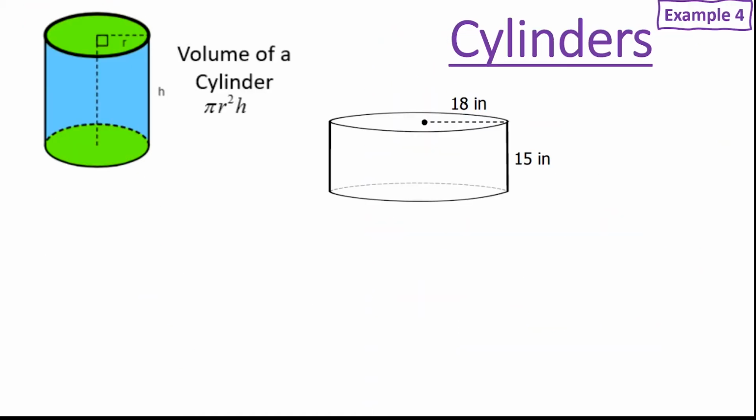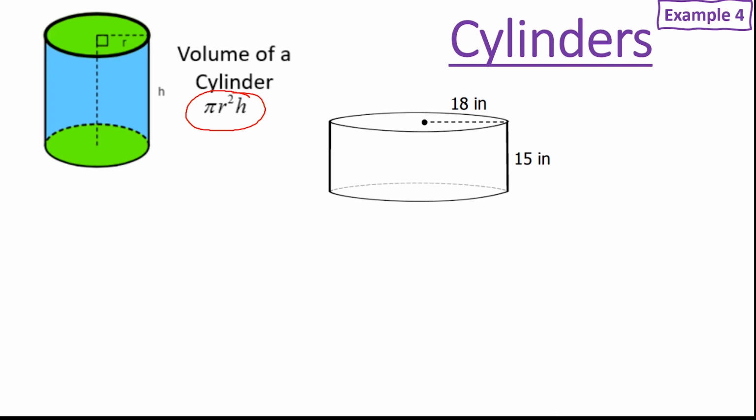So now let's take a look at the volume of a cylinder. If you think of a cylinder, it is like a canned good. The volume would be actually the food inside of the canned good, the amount of space it takes up inside of that can. The formula for volume of a cylinder is pi r squared times h. So I'm just going to use that formula and plug it in.